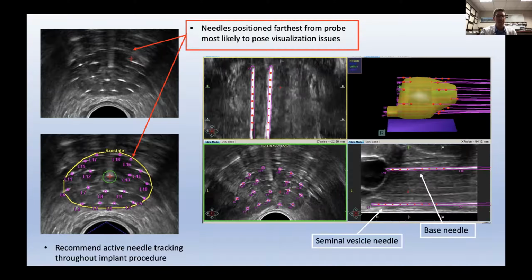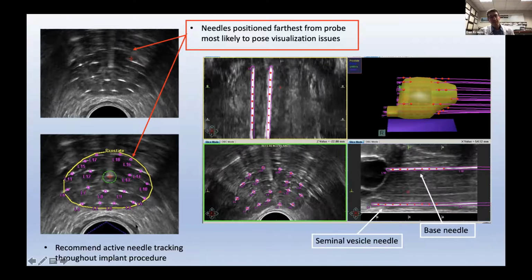Track it under live imaging until you're reasonably confident of the course that it's following. This will happen from time to time, especially if you're like me and you put a lot of needles in for these procedures. And you can see that this needle configuration very closely mimics what I showed you a moment ago for an ideal placement.